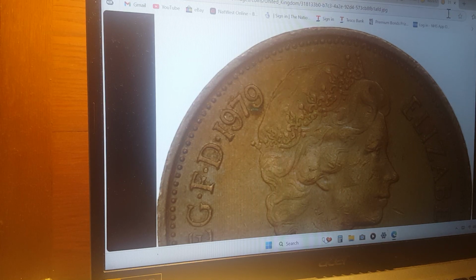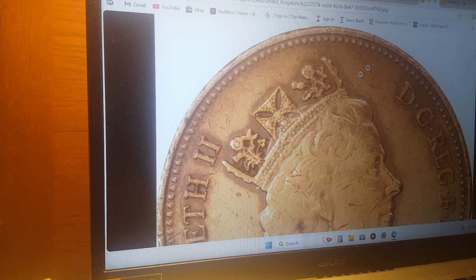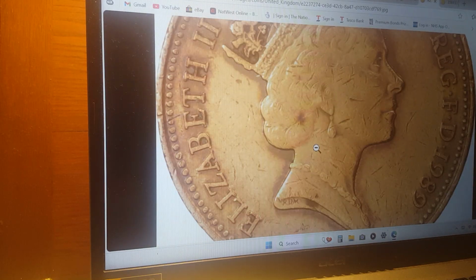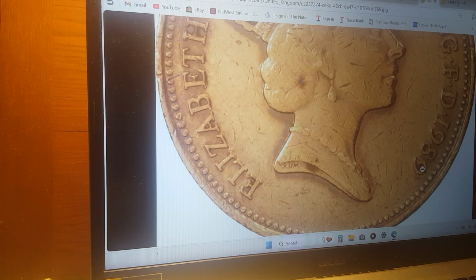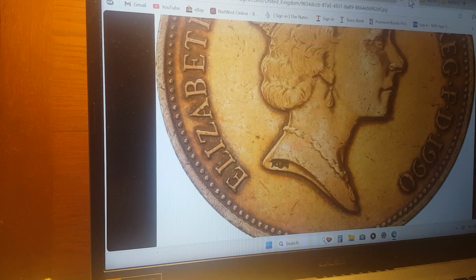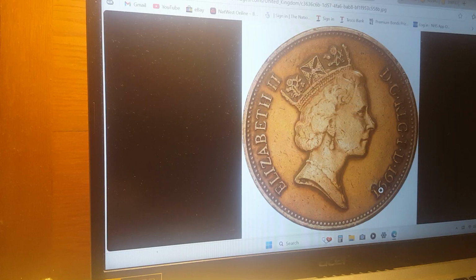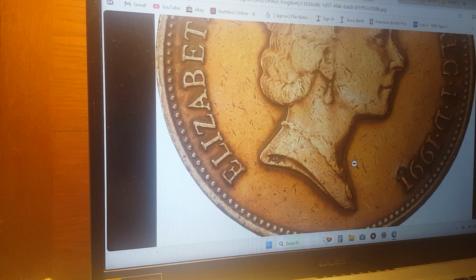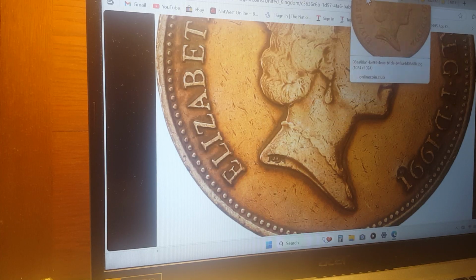Your next one is 1989, and they're both open. Then you go to the next one, 1990, they're both open. 1991, they're both open. And it's interesting to note the little subtleties between the difference of the nines.